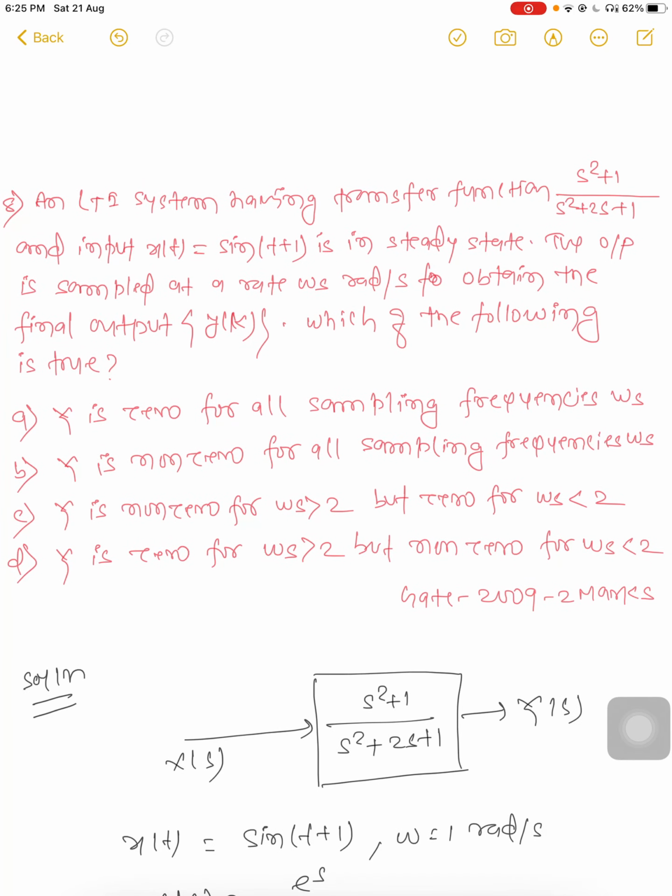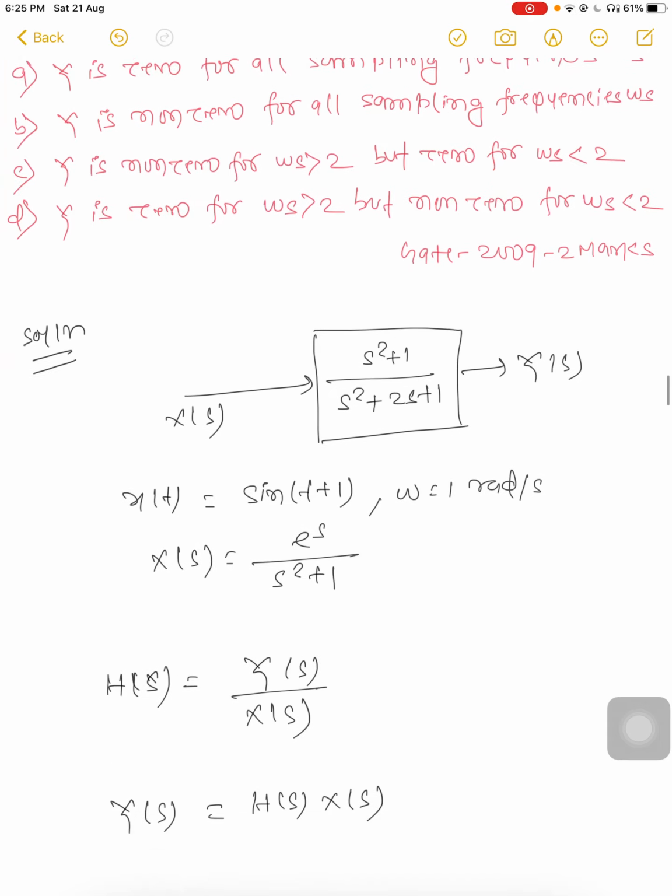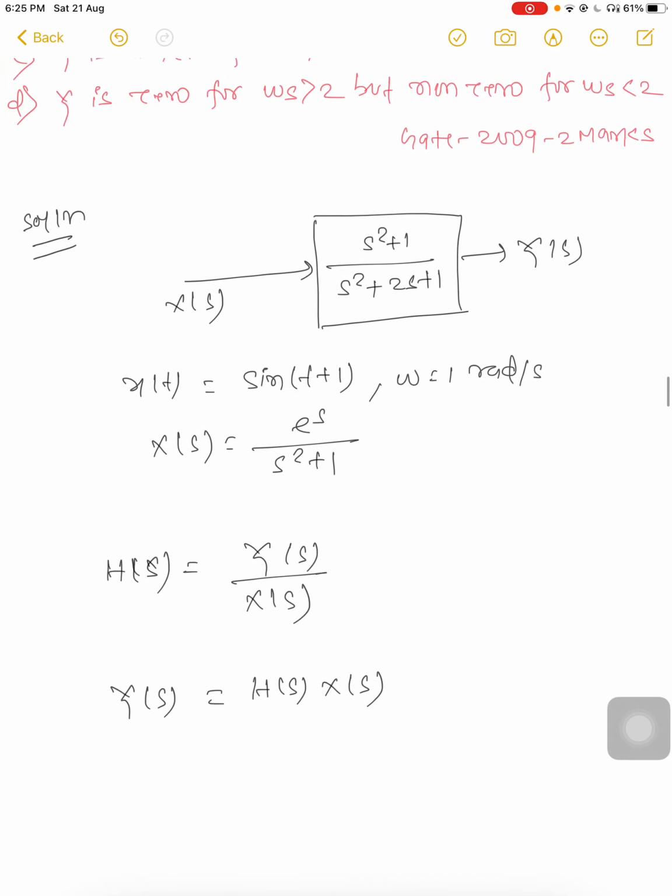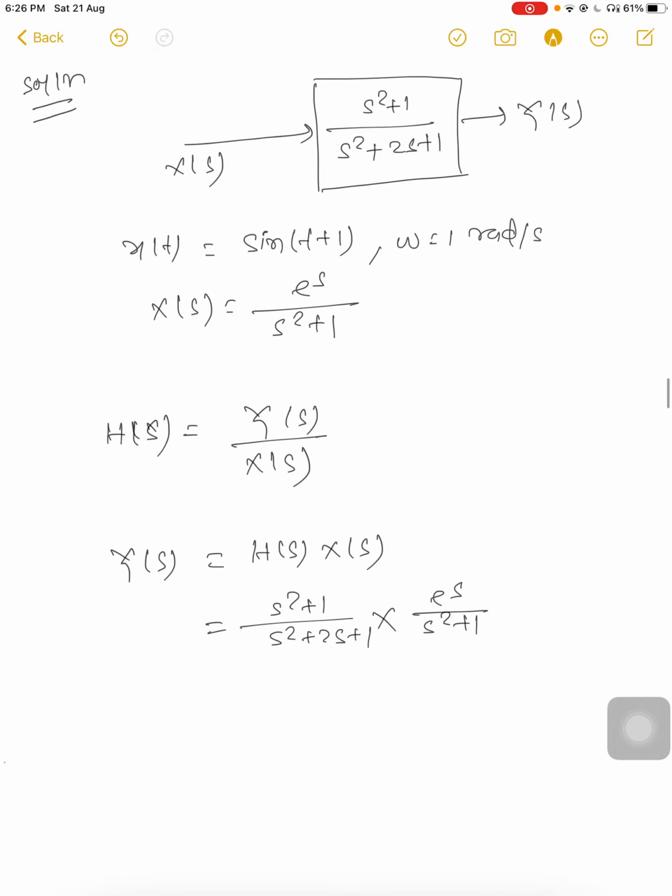An LTI system, linear time invariant system, having this transfer function, is in steady state. The output is sampled. Then the output will be (s square plus 1) upon (s square plus 2s plus 1) into e to the s upon (s square plus 1).